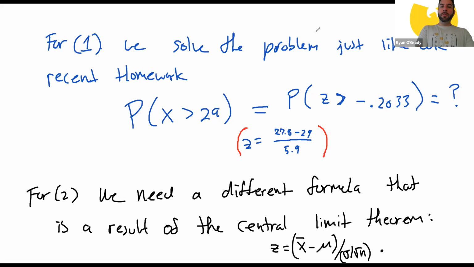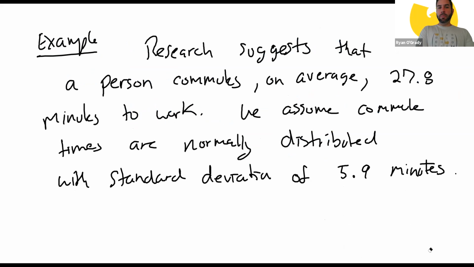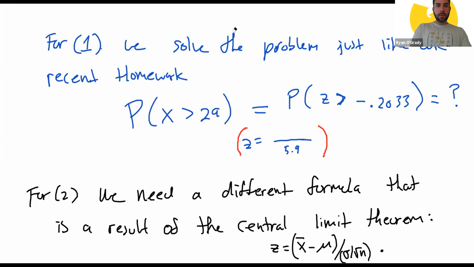Remember, the mean that we were given was 27.8. So the way this should be is 27.8, and this should be 29 minus that. Right? So this is not negative. Sorry about that.